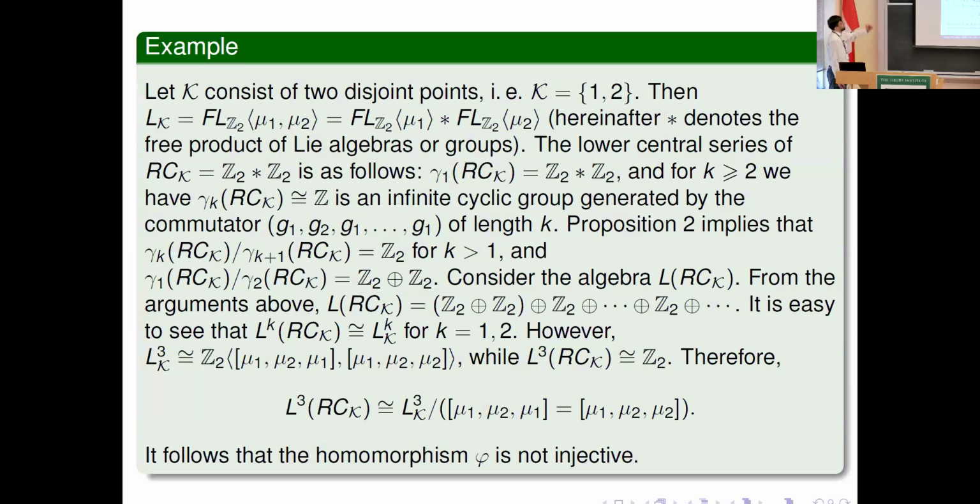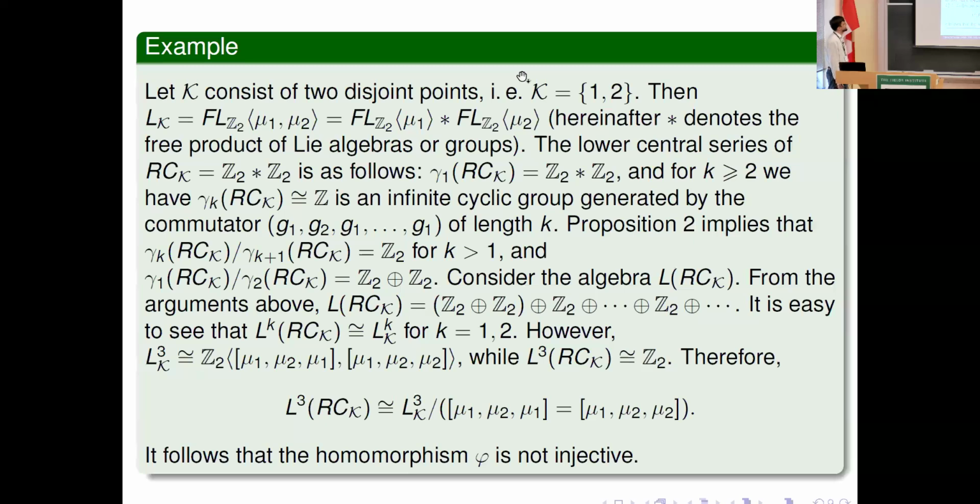Okay, example. Let K consist of two disjoint points, 1 and 2. Then LK is the free product FLZ2 mu1 and FLZ2 mu2.